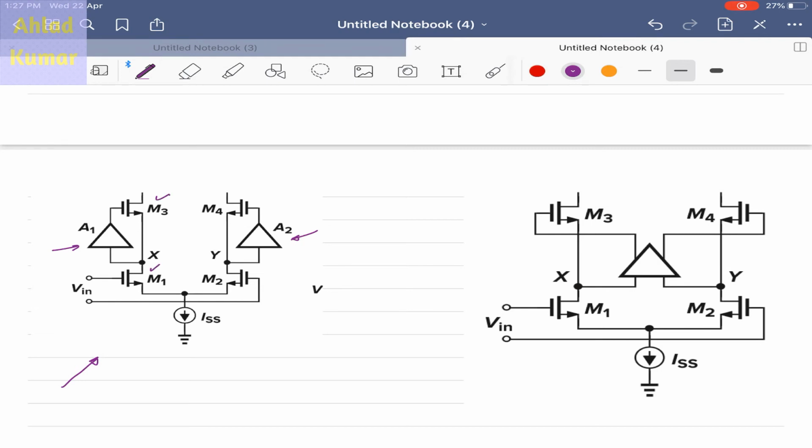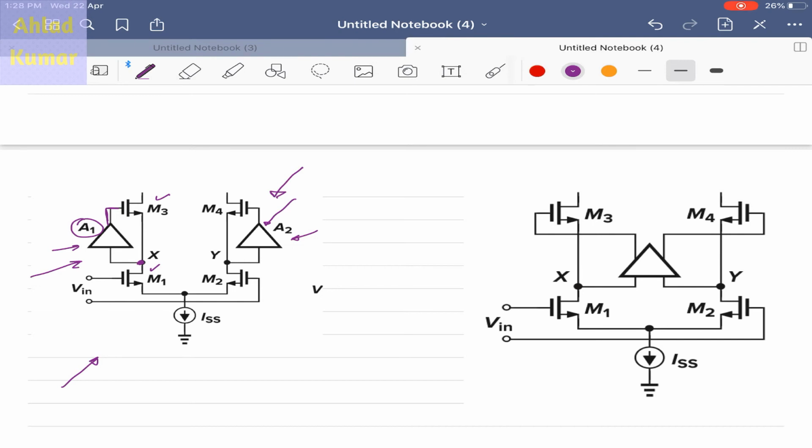Now what you are doing is connecting the output terminal, which is the connection between M3 and M4, to the amplifier A1, and the output of that is used to regulate M3. In this way you are incorporating the gain boosting technique into the existing cascode amplifier, that is the differential amplifier given over here.